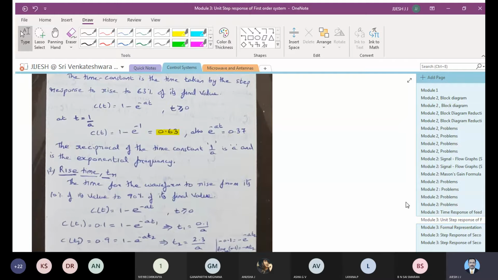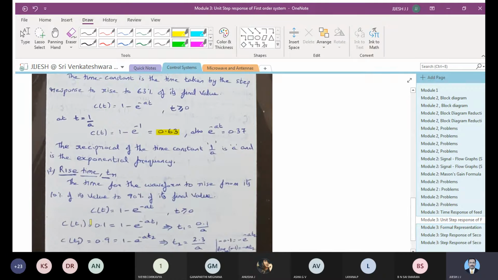It is given as C of t is equal to 1 minus e to the power of minus at, the same equation we are using here, for t greater than or equal to 0. Now we have to find t1 and t2, because it is 10% to 90%. In place of C of t, I made it C of t1 and C of t2.